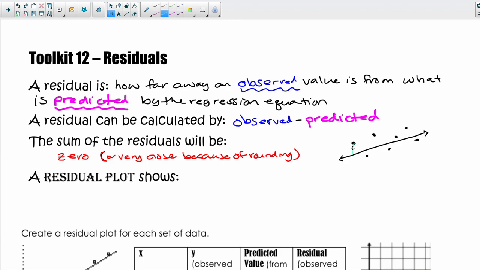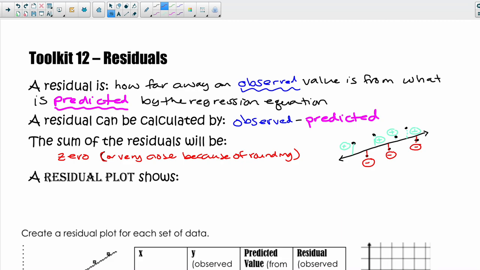These are positive residuals because they're above the line. But then you also have the values that are below the line, which are considered negative residuals because they're negative values. So these positive values added to these negative values should become 0 because it gets us back to the actual line.